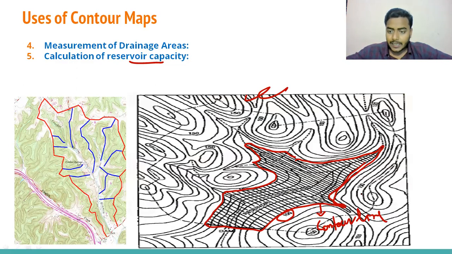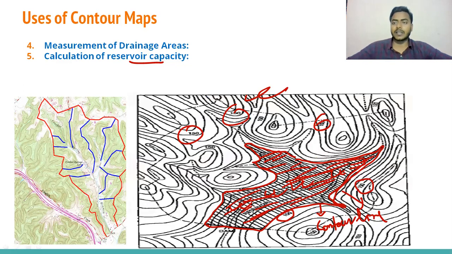You can see if you go this side, then elevation is more. It means you can say, okay, water can be stored here. So whatever area we are getting, that is the drainage area, and this volume we can calculate, that is called reservoir capacity.